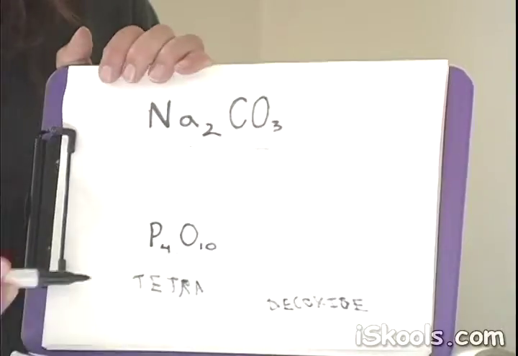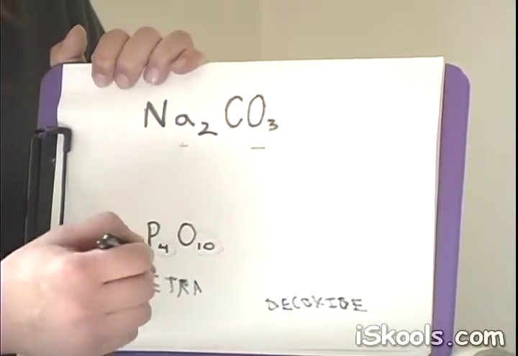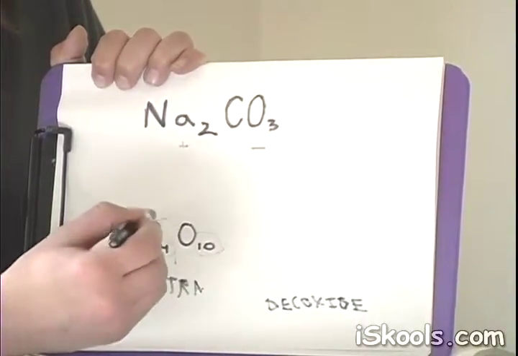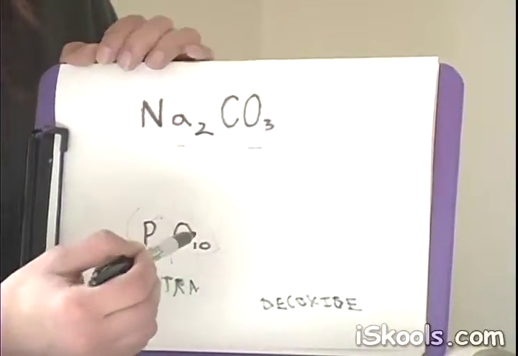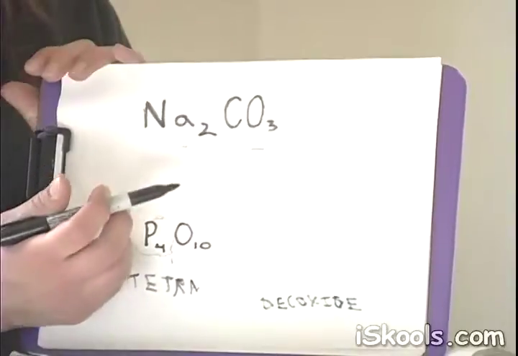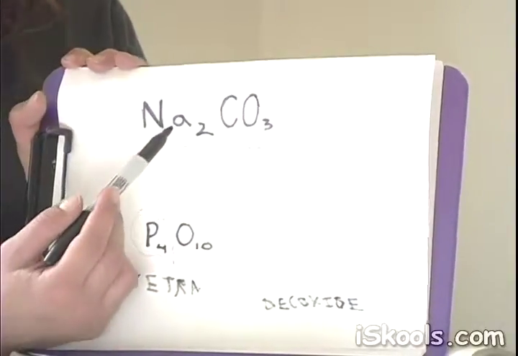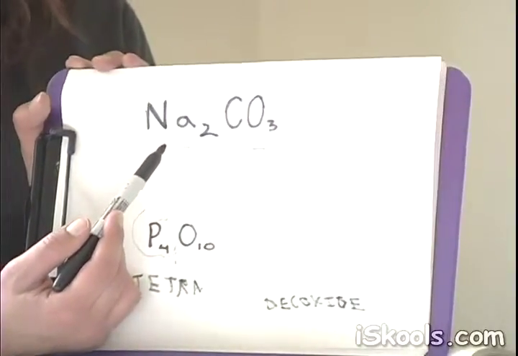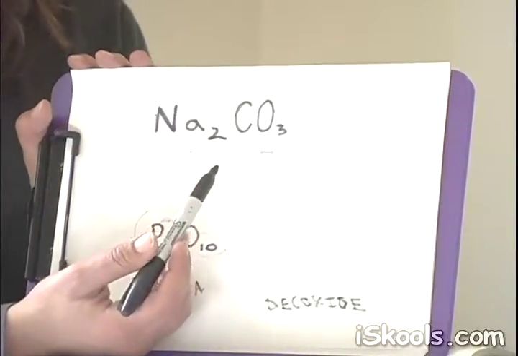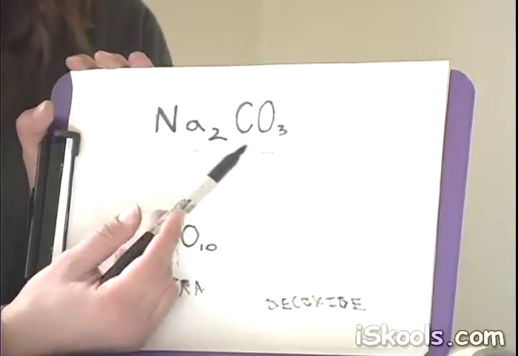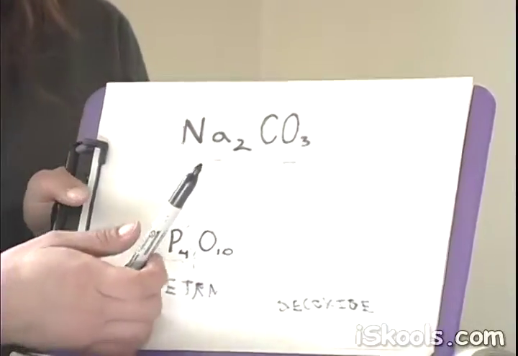So that's the name of this compound, tetraphosphorus decoxide, because you have 10 of the oxygens. Whereas for this one, it was named using the ionic system, which is not involving prefixes. You just have to list the names of the elements, so sodium carbonate.